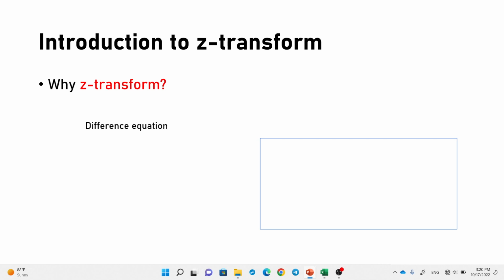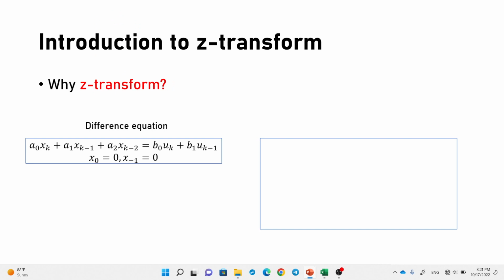And now you will see Z transform. A similar idea actually. It is a way to solve difference equations. So let's say you have a dynamic equation in the form of difference equations, as you can see here, h(k-1), h(k-2) represent a kind of series.